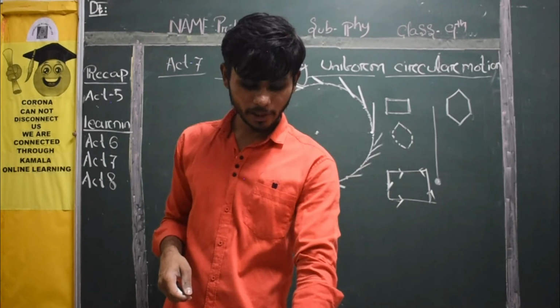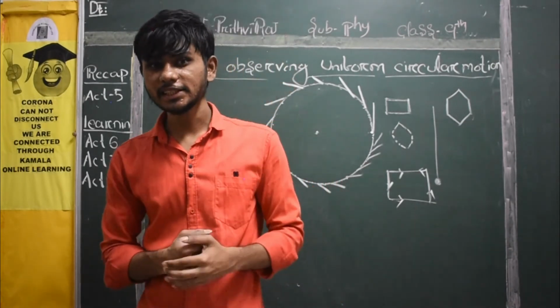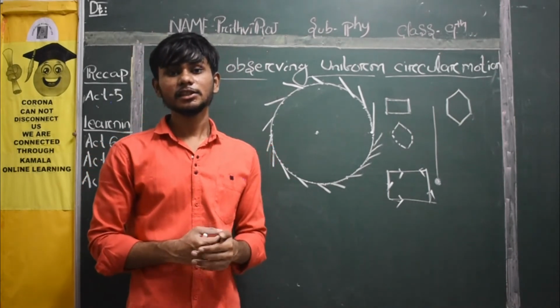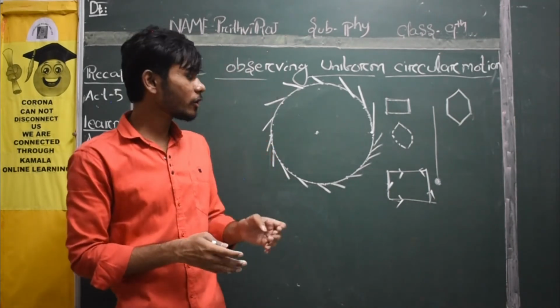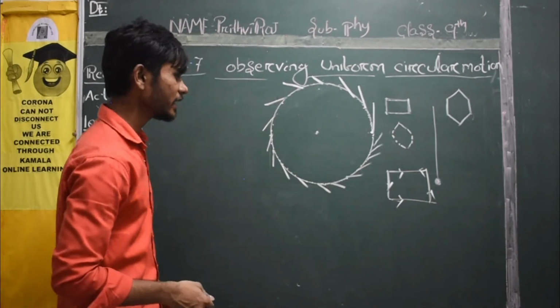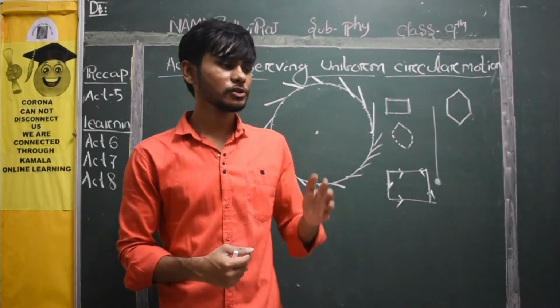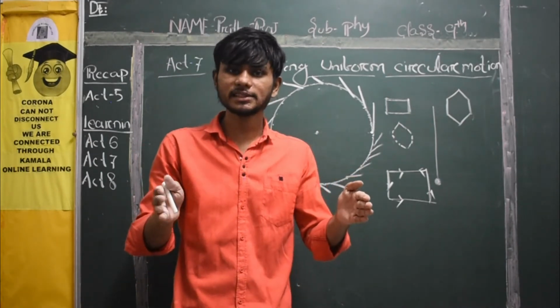And what about its speed? Speed is constant, but velocity is changing. Why is velocity changing? Students, velocity changes because at each and every point direction changes. Velocity is comprised of displacement. Displacement means the shortest possible path between 2 points.